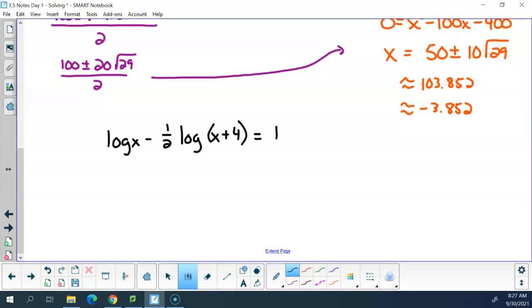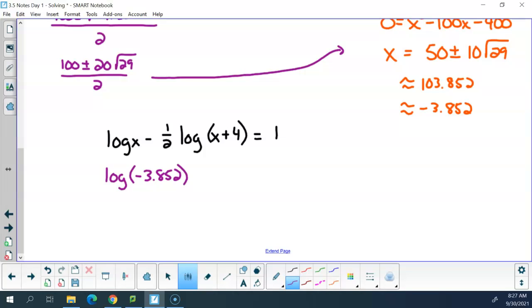But if I plug in the negative one, can somebody on their calculator find for me what log of negative 3.852 is? What do you got, TC? Error. Domain error. Syntax error.